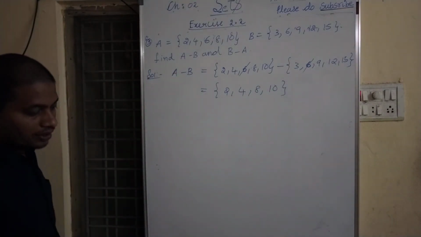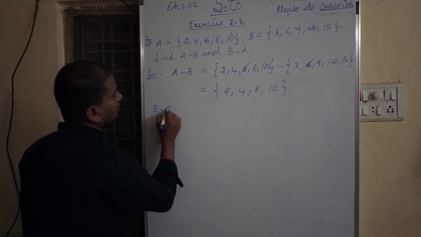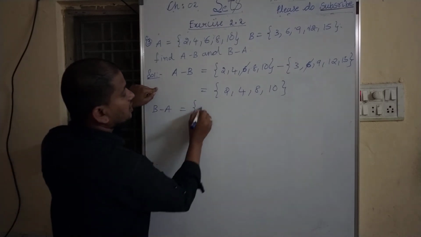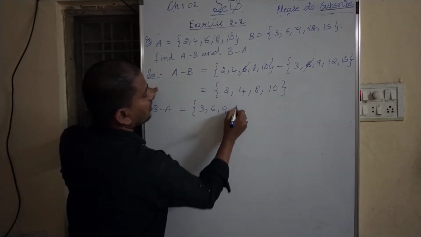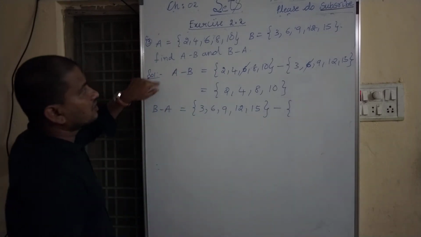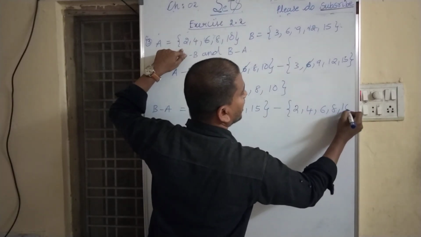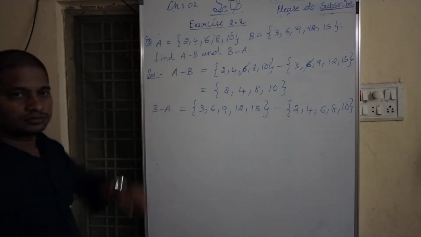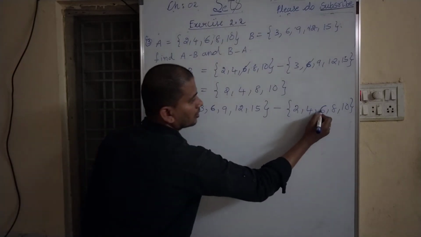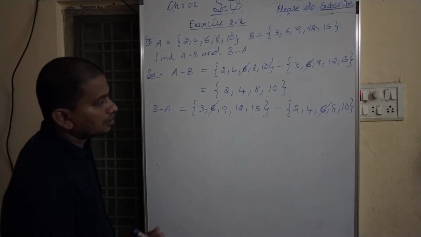Now coming to the second one, B minus A. What are the elements in B? That is 3, 6, 9, 12, 15. Minus what is A? A equal to 2, 4, 6, 8, 10. Here the element 6 is repeating, so you can cancel 6, 6. That's all.